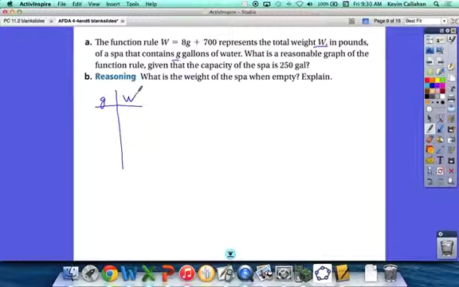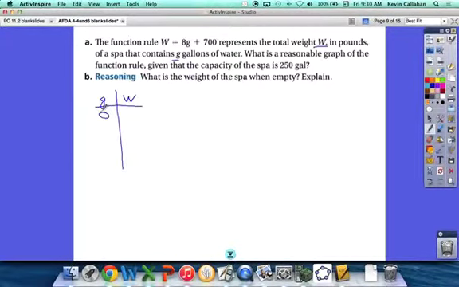What kind of values? I mean, we get to pick the values for G. What kind of values would we pick, given the physical nature? Can I pick negative numbers? Would it make sense to have negative gallons in a spa? What's the smallest number you could plug in there? 0, right? It could be empty.